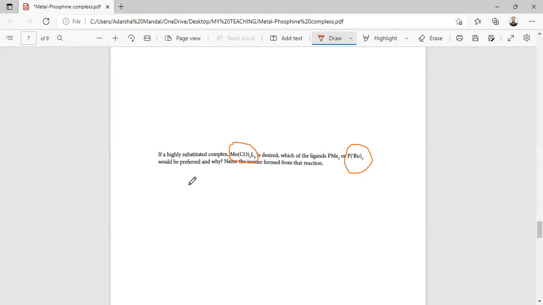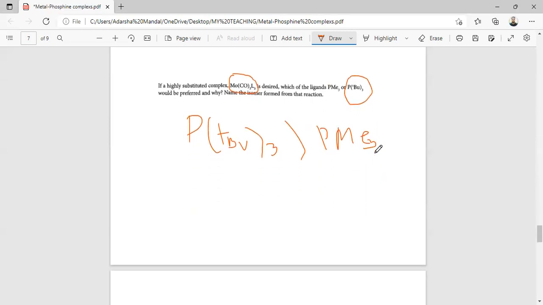So P(tert-butyl)3 is more sterically hindered compared to this PMe3.